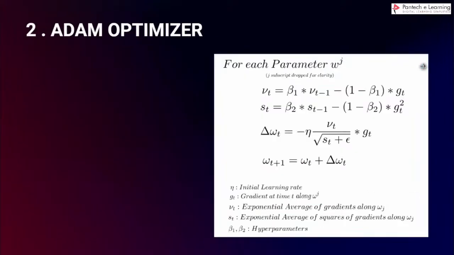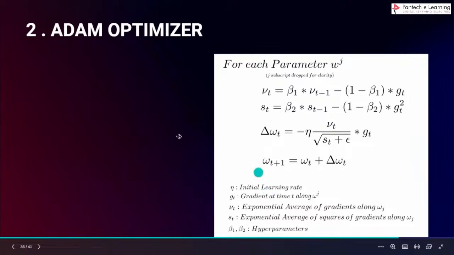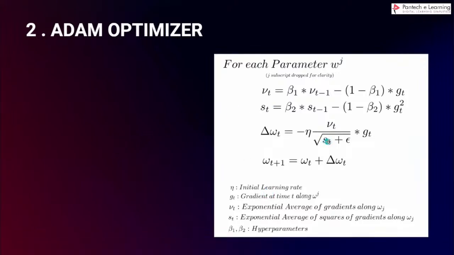Then the next one is the Adam optimizer. When you talk about the Adam optimizer, recently it is one of the best. In gradient descent the learning rate is constant, but in the Adam optimizer, based on the output you are getting, the learning rate is also improved.